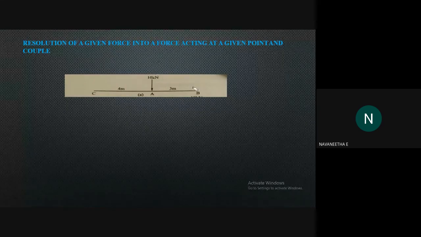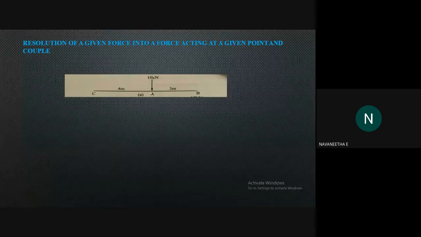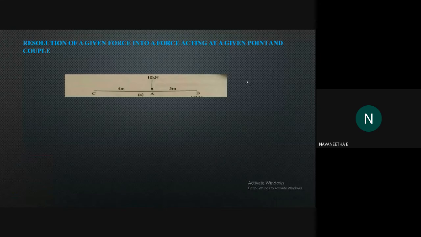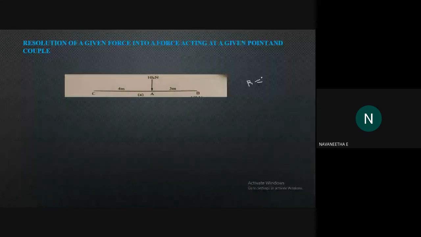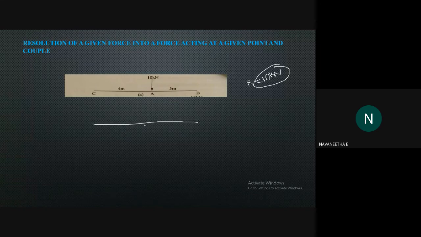Only one force is acting on the beam, that is 10 kilonewton in the downward direction. So the resultant of the entire force system is 10 kilonewton acting downward. I have to move this 10 kilonewton from point A to point B. Now I am transferring the force 10 kilonewton from A to B.